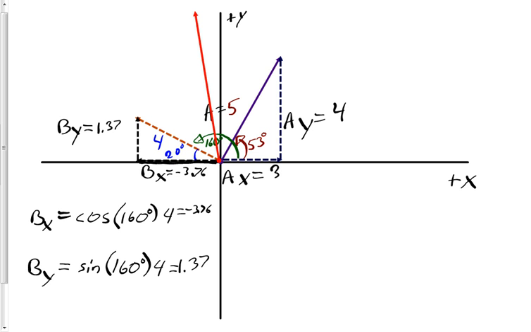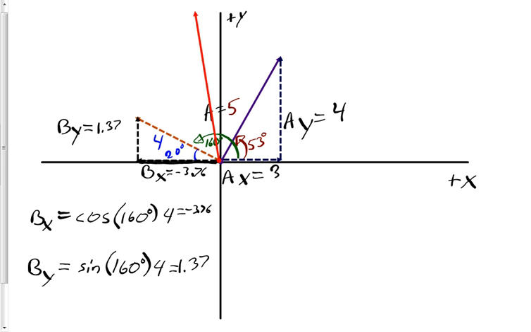That's the way it is designed, to measure off of that x-axis going counterclockwise. So that is the nice thing about putting in the 160 degrees, it will give you the negative value. It will give you the magnitude and the direction. The calculator is designed to give you the vector under those assumptions.